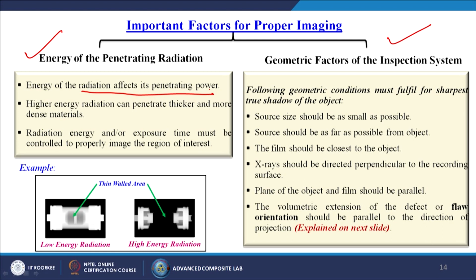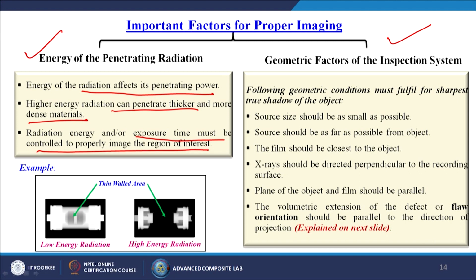Of course, if its power is very high, it will automatically go further inside the material. Higher energy radiation can penetrate thicker and denser materials. Radiation energy or exposure time must be controlled to properly image the region of interest.